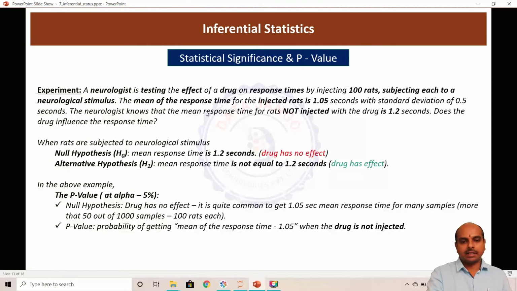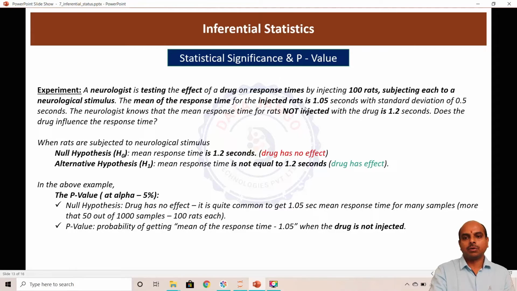A new researcher found a drug, and he or she injected that new drug along with the neurological stimulus to 100 rats. This is the new experiment. Along with the neurological stimulus, this person is injecting a new drug also. Now he recorded a mean response time of 1.05 with a standard deviation of 0.5.